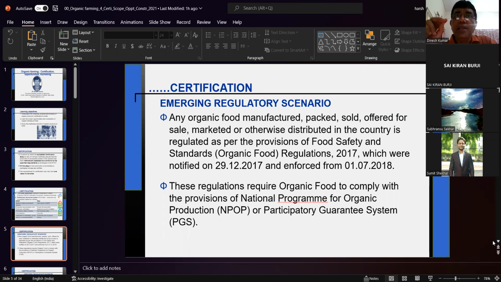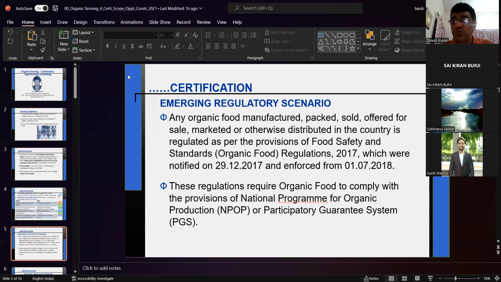After that, they need a license from FSSAI, the Food Safety and Standards Authority of India. FSSAI needs to give a license to the organic products, without which you cannot sell your product as organic in the market. A logo is issued by FSSAI in addition to the other logos given by the certification agency.